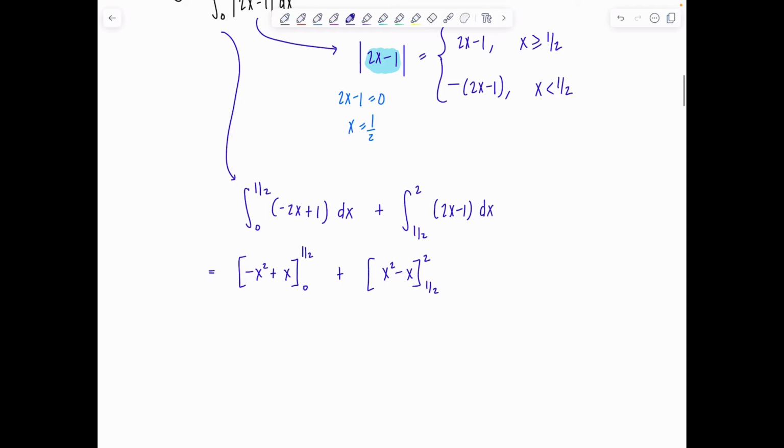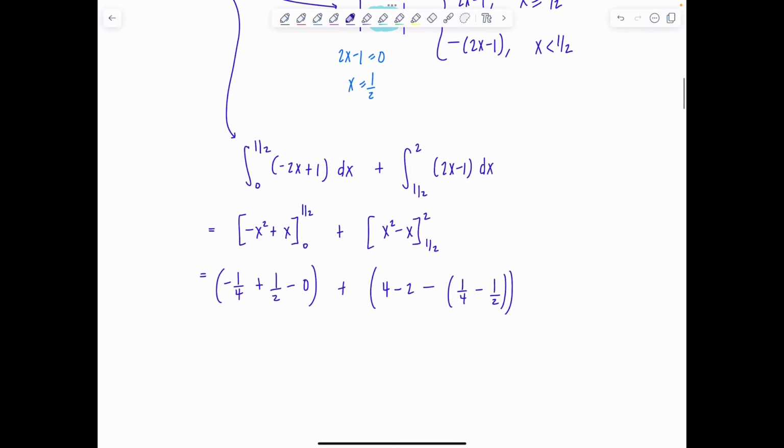And then now let's substitute in the limits of integration. So this is going to be negative 1/2 squared is 1/4 plus 1/2 minus, if I plug in 0 for everything, that'll be 0, plus upper limit of 2, that's 4, minus 2, minus, plugging in 1/2, I'll get 1/4 minus 1/2 now. So let's see, what does that give us?